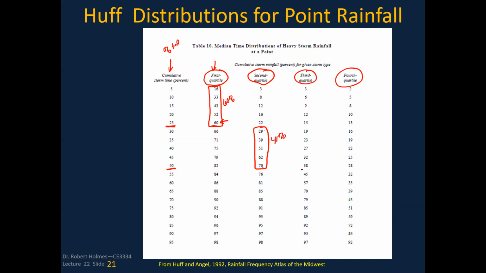Third quartile, same kind of thing, with the third quarter being the biggest amount of rain, and here it's 40%, and you can see the rest of the quarters are much less. And then a fourth quartile storm is going to have most of it happening in that fourth quarter. All right, so here we've got 49% happening in that fourth quarter.